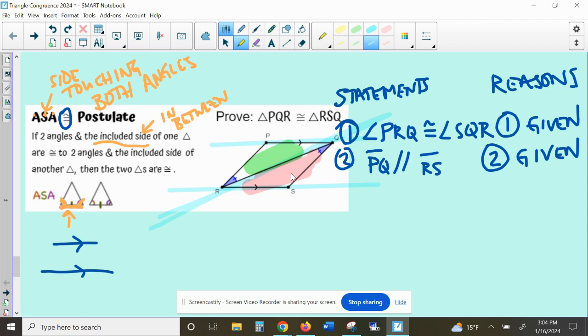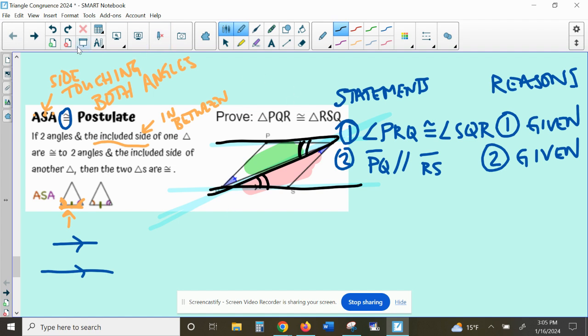So if you look in this picture, we have to review those because we do have alternate interior angles. You see how this forms like that classic Z? So that means that this angle right up here is congruent to this angle down here. So we do have some congruent angles because alternate interior angles are congruent.